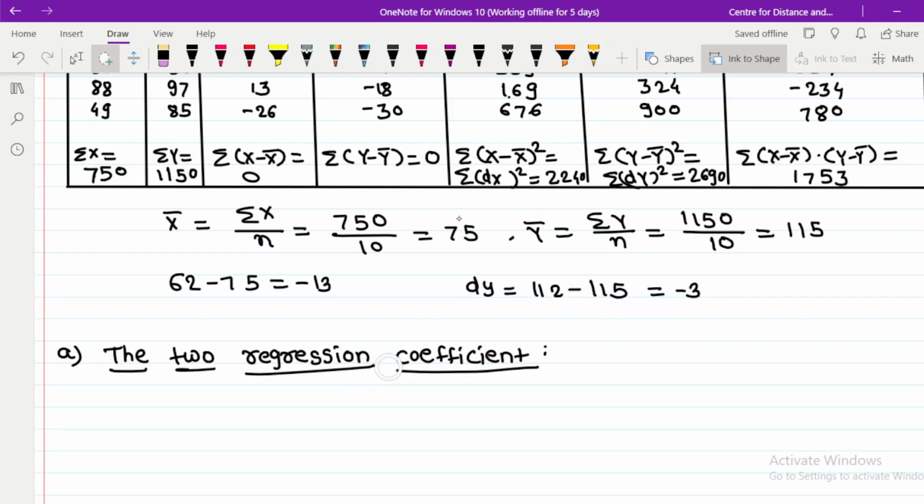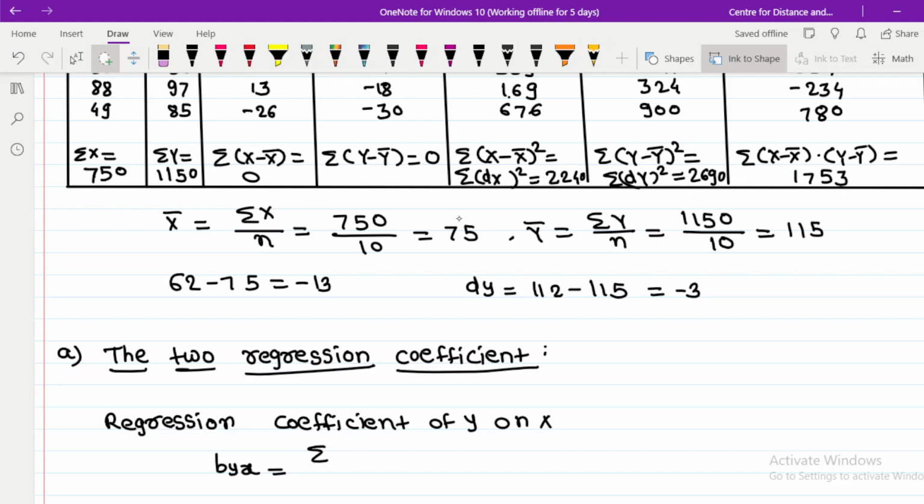Okay. First we find out the regression coefficient of y on x, that is byx, which is equal to summation dx dot dy divided by summation dx square.